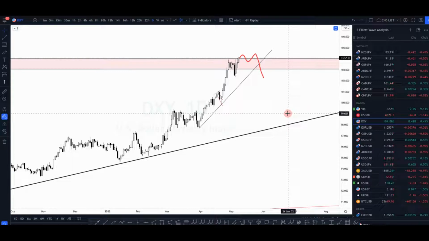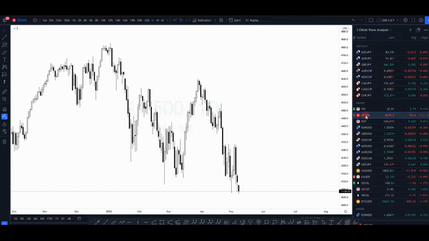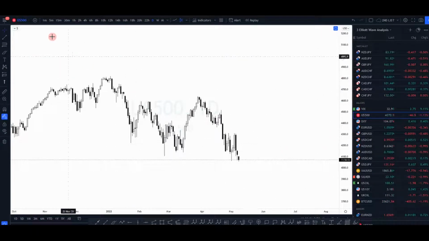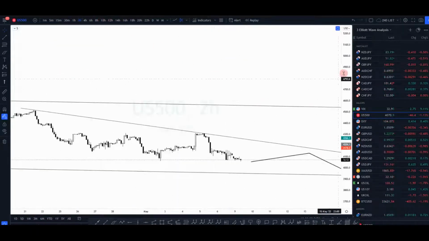That might happen at the same time where the S&P 500 drops to that bottom. So it's very important that we take note of that. But that's still maybe some days away. So clearly for today we're still going to see more of the dollar rally and more of the S&P 500 decline. We're definitely going to expect that.